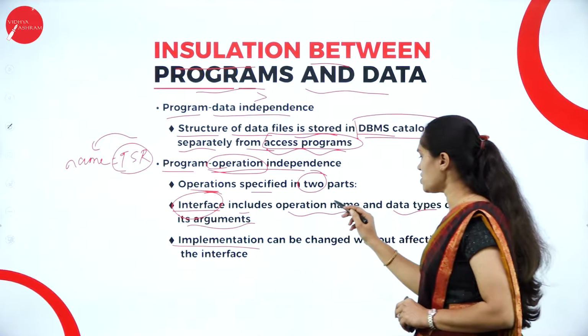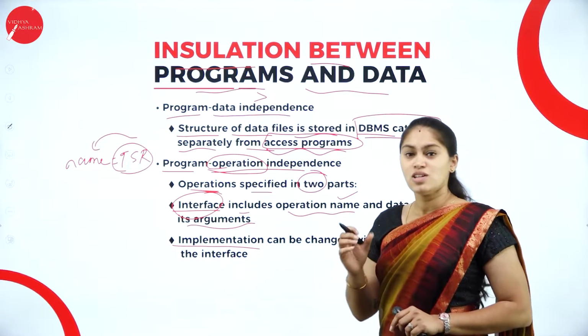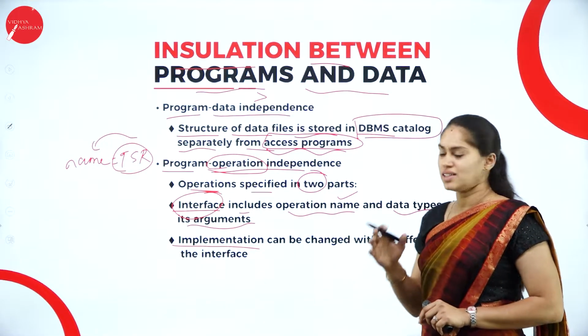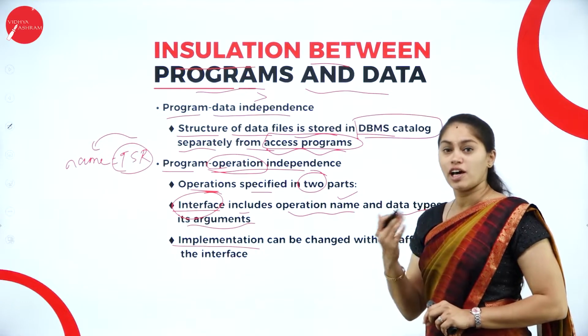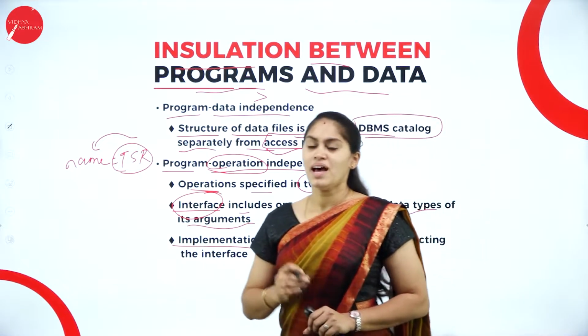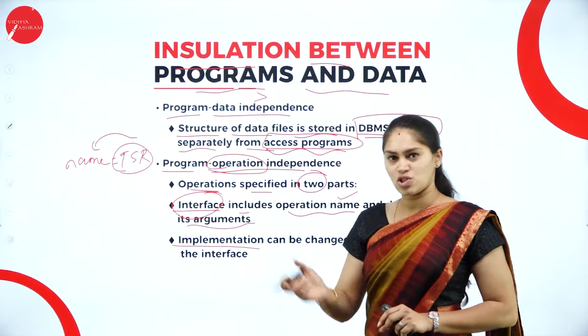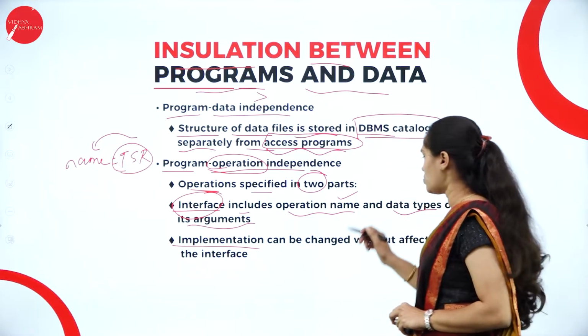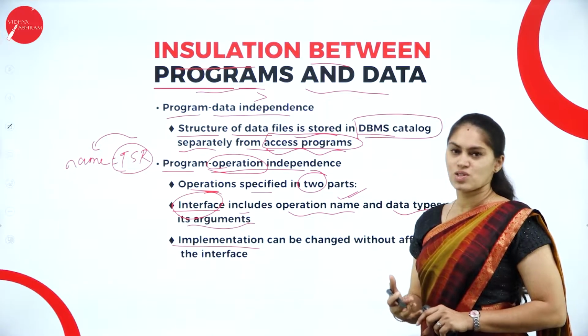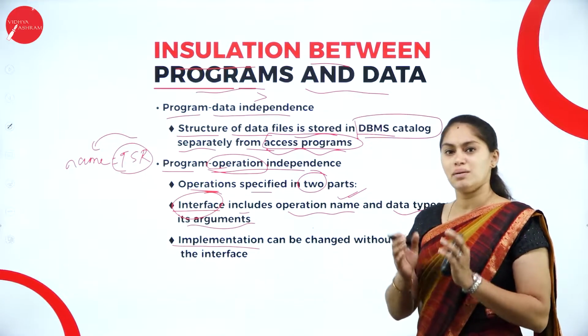So that includes the operation name, what operation I am doing, naming, and I am giving some value to that, which is considered its arguments or parameters. In the WhatsApp example, when I want to send some text, the text is the argument, and to whom I want to send is the operation name. So the interface includes the operation name along with its parameters.